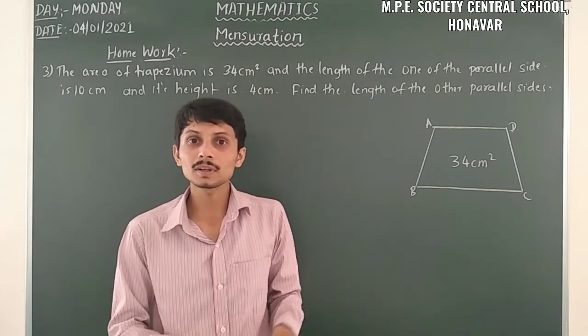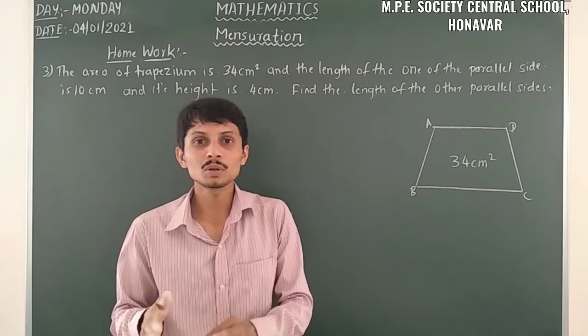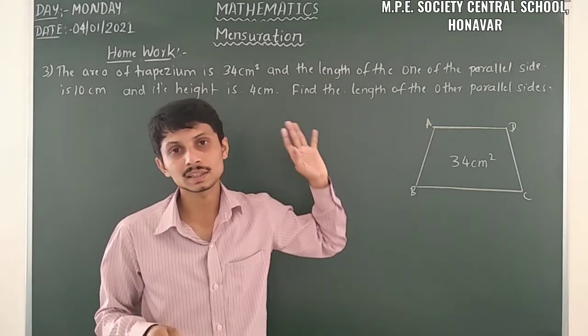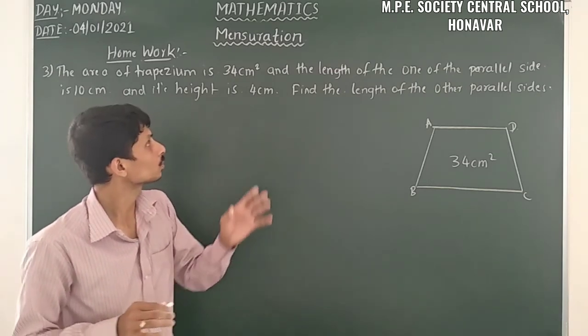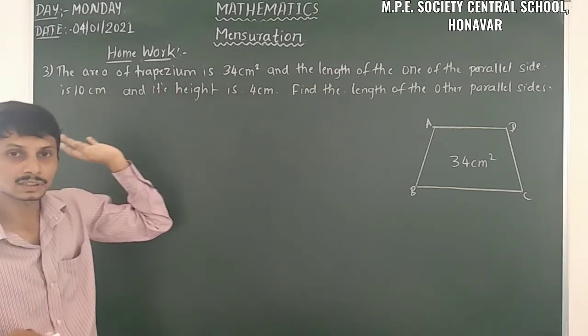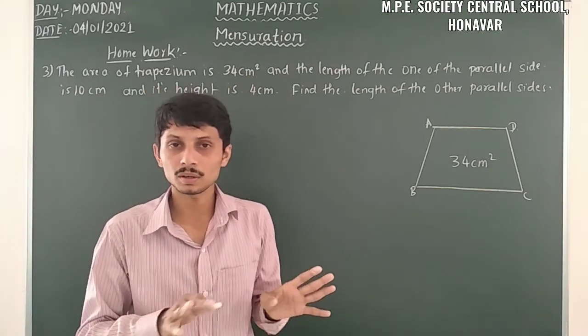Then after transposing everything one by one, you have to find the length of the other side, which must be in centimeters. I hope you understood. Here centimeter is there, here centimeter is there, so no need of changing the units.